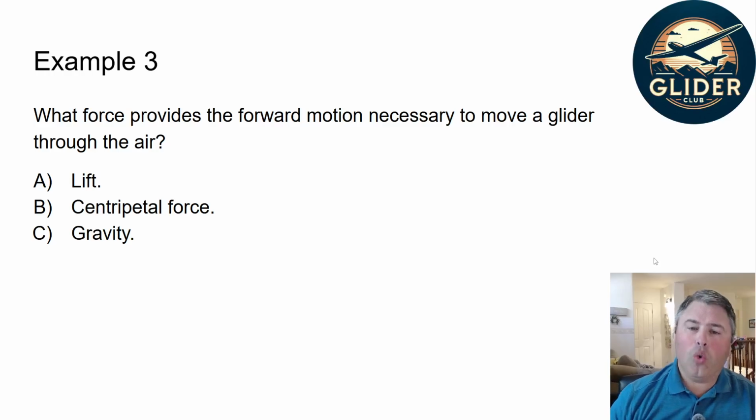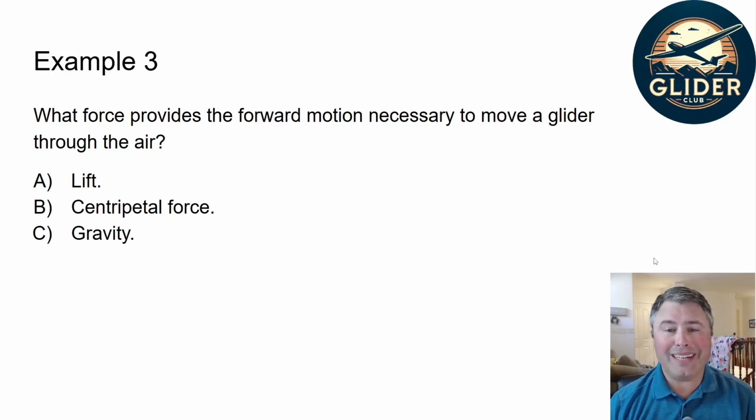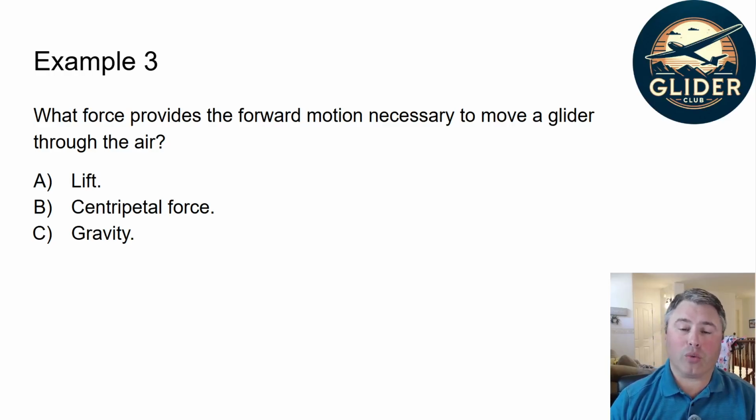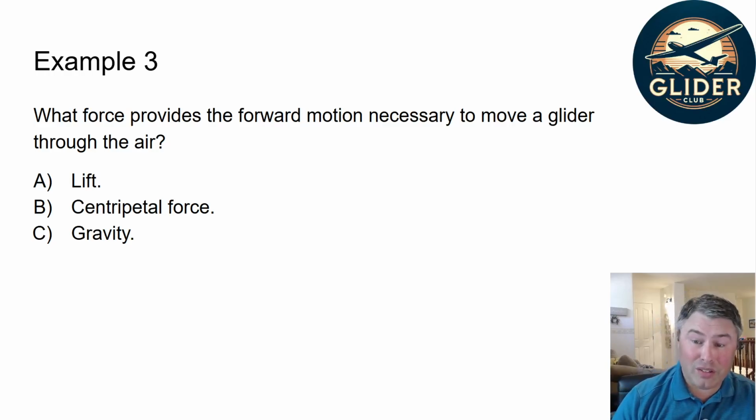Finally, what force provides the forward motion necessary to move a glider through the air? Don't let the FAA trick you. Of course, the glider is generating lift, but that is not the correct answer, okay? Because realize the glider could have an engine or it might not have an engine on it.